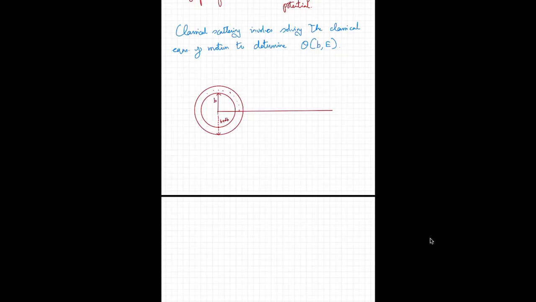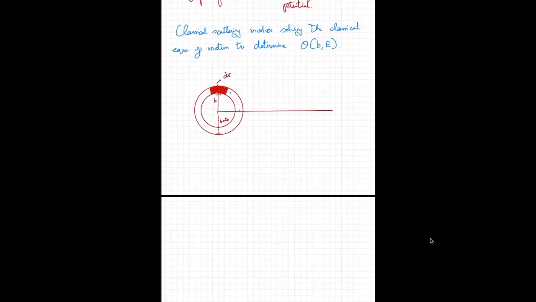Now I'll actually make it even more simple by not considering all the particles in this annular ring, but I will simply look at a small portion of it. Let's call this area d sigma.